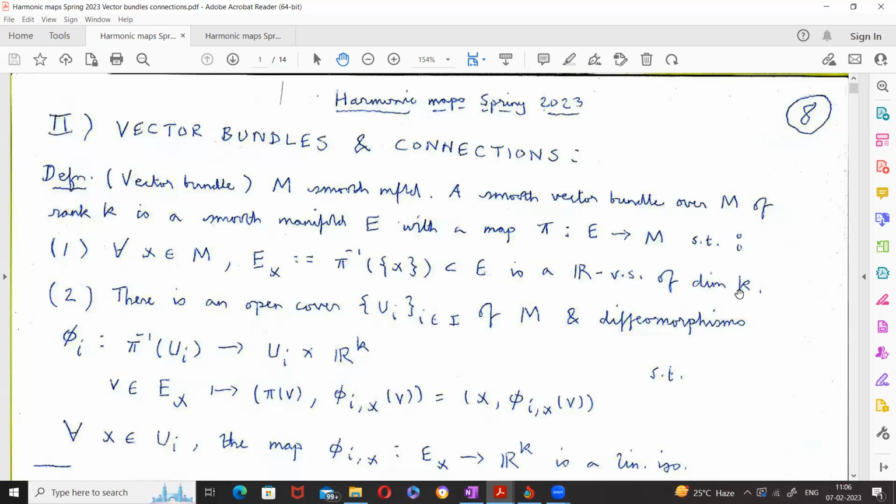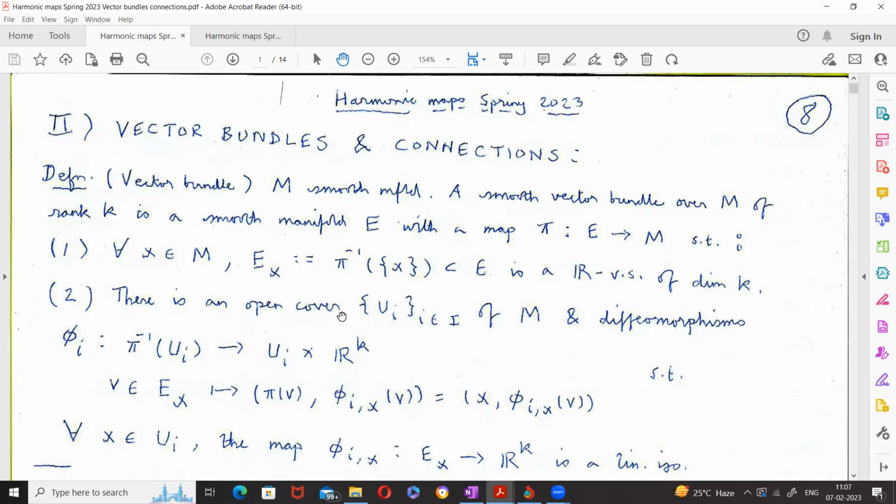Okay. So this manifold E, which is called the total space of the vector bundle, is the disjoint union of these fibers E_x, which are vector spaces of dimension k. Okay. And what we want is that locally this total space should look like a product.